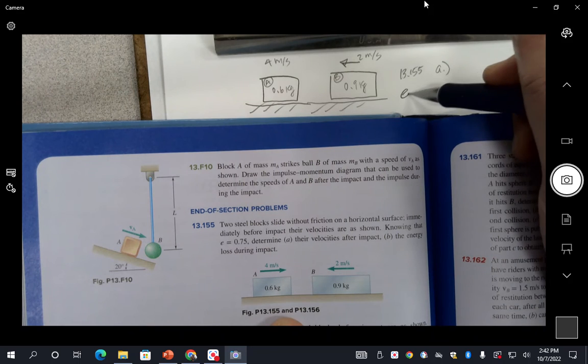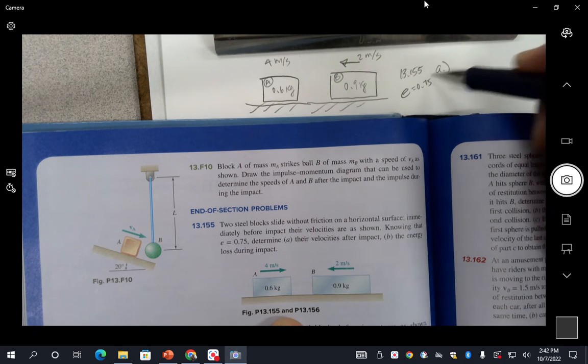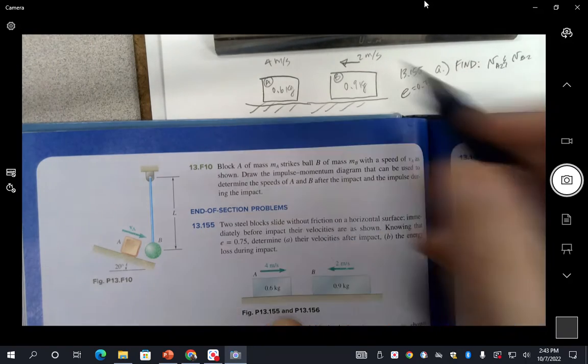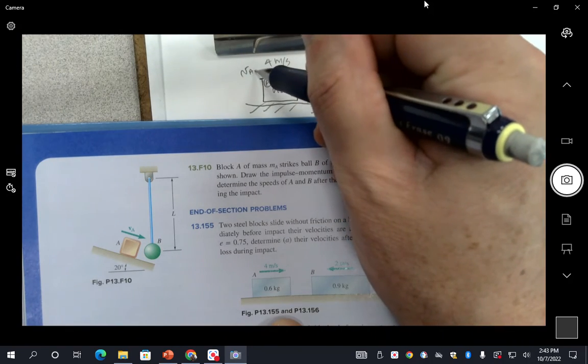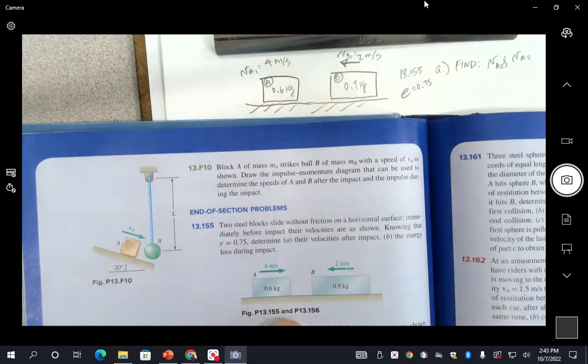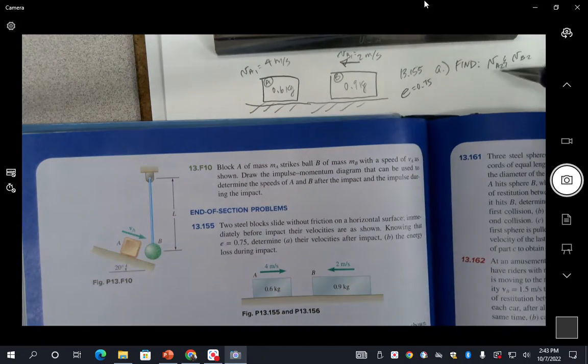They give us the coefficient of restitution, 0.75, and we want to find VA2 and VB2. We also want to find energy loss.